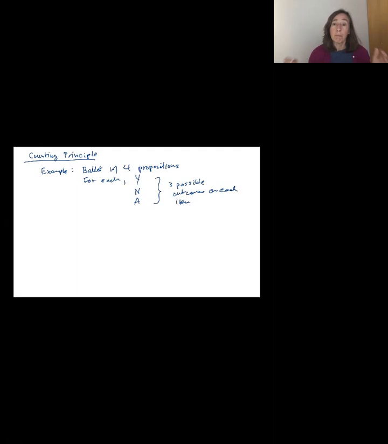How many different possible combinations of yes, no, and abstain would we have with these 4 items, each of which can take 3 values? Let's just think it through. Well, there's 3 possibilities for the first. You could vote yes, no, or abstain. 3 for the second, 3 for the third, and 3 for the fourth. So it's 3 to the 4th power.